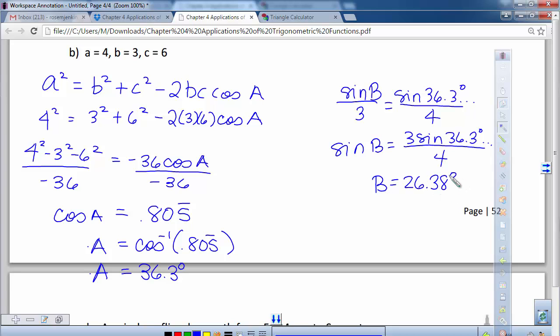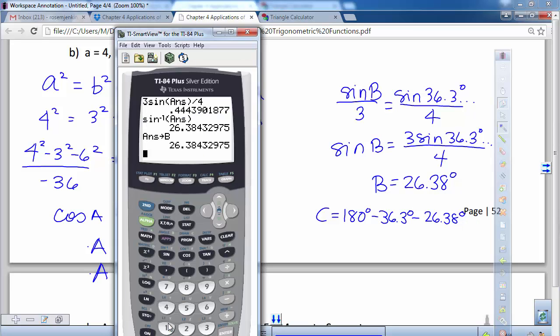And then it would follow that angle C is going to equal 180 degrees minus A minus B. Okay, so if we do that on the calculator, I've got 180 minus alpha A minus alpha B. We get 117.2, let's just say 117.3 degrees.